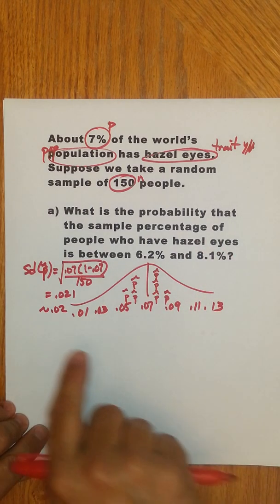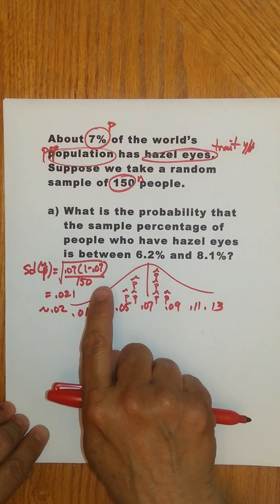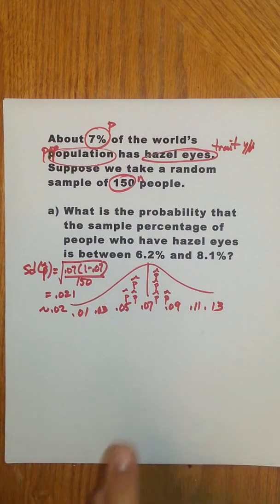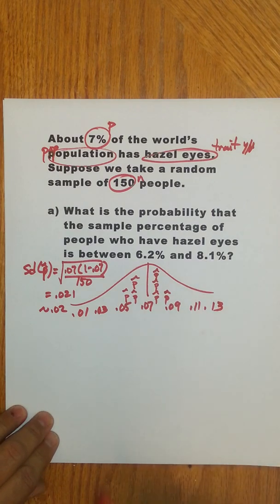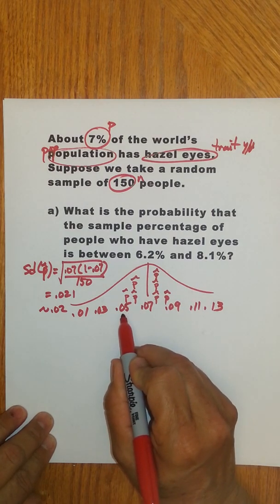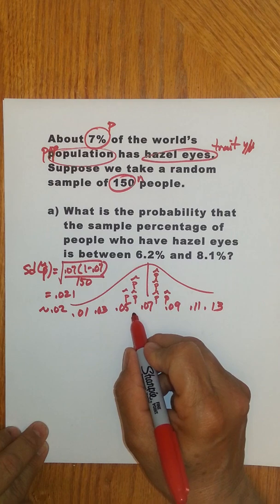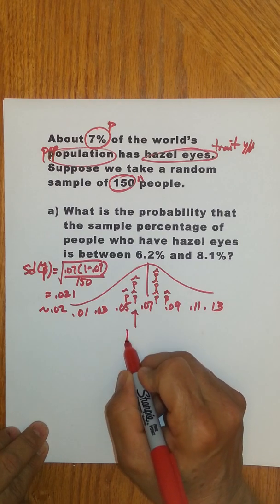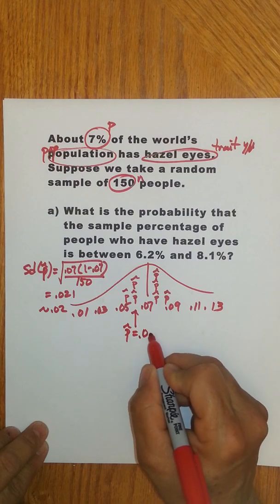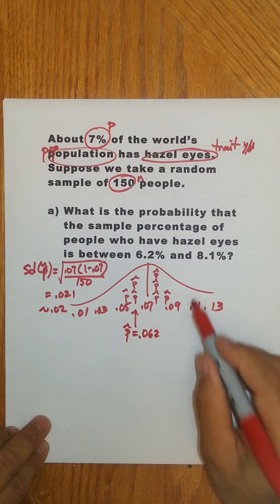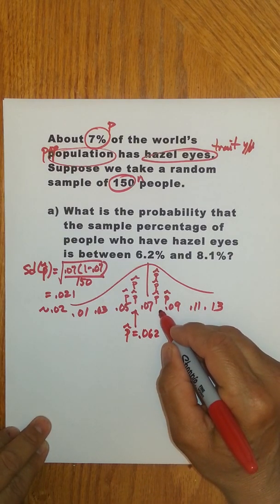So let's say the question is, well, what's the probability that when I do take a sample, I'm going to get a sample somewhere between 6.2% and 8.1%? Well, 6.2% is somewhere between 5 and 7%, so we'll say it's just a little bit past halfway. So what's the chances I get a sample percent between 6.2% and 8.1%, which would be somewhere here?